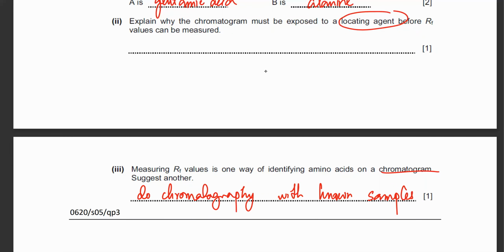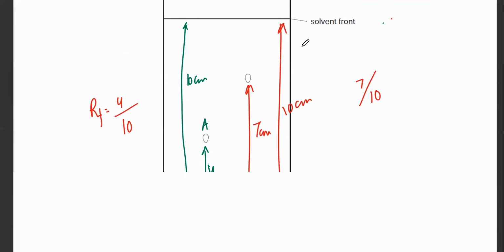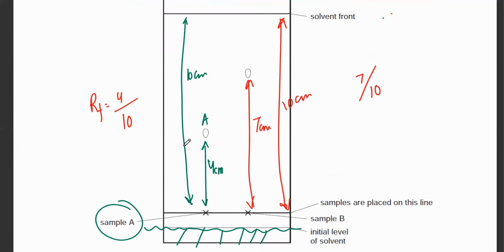We did that with the chlorophyll question that we had. You're not going to measure the RF value. You're going to place a known sample here, along with all the known samples that you already have.